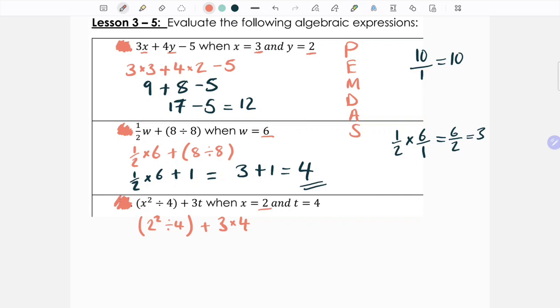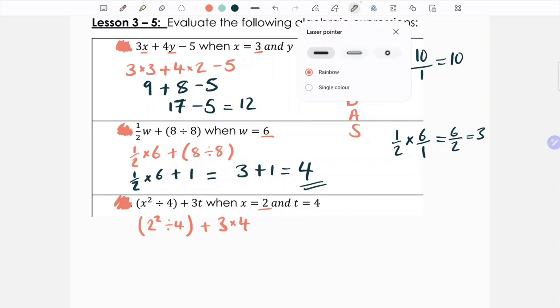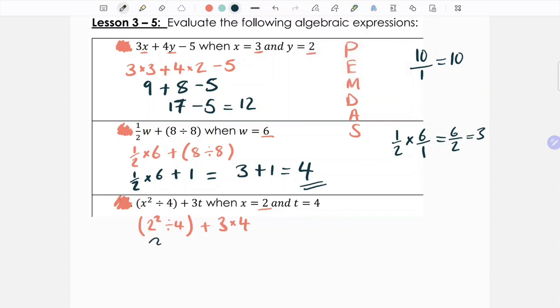Now I could start doing the calculations. So we're going to first start off with parentheses. And in the parentheses, we have an exponent. So let's do the exponent first. So 2 squared is the same as 2 multiplied by 2, which is 4. 4 divided by 4 plus 3 times 4. So we've done the exponent inside the bracket. So we're still doing the brackets.